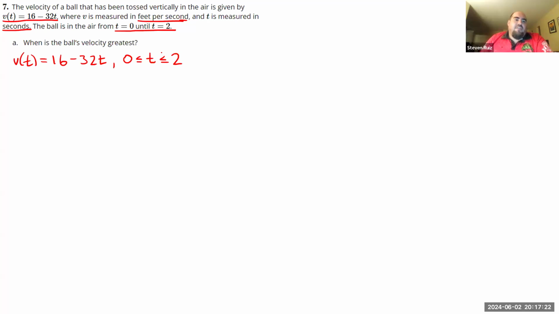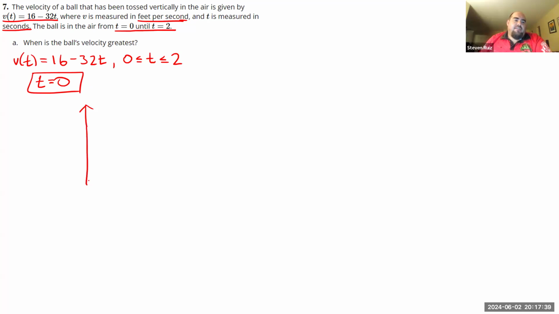So our velocity is going to be greatest for the earliest possible time we have. So when t equals 0, we should have our greatest possible velocity. We can also look at this graphically.